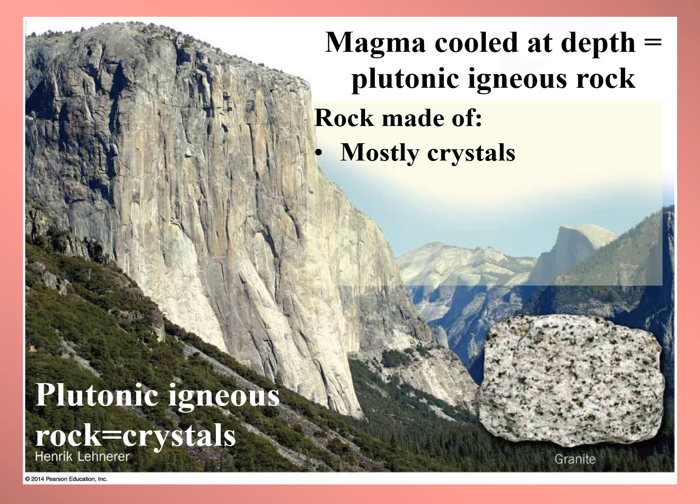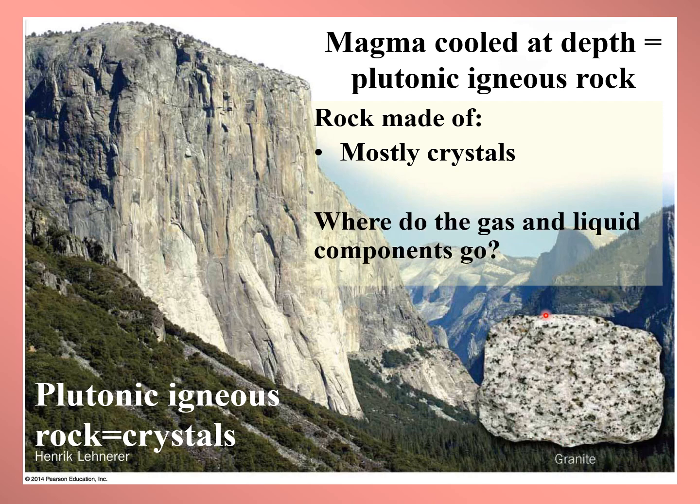And so those crystals have time to grow. So if you're holding one in your hand, in hand sample to the naked eye, you can see very distinct crystals of, say, pyroxene or potassium feldspar or quartz in the case of this granite down here.